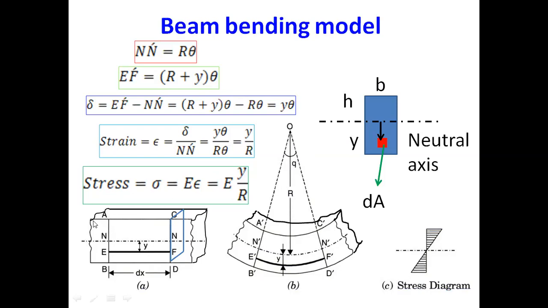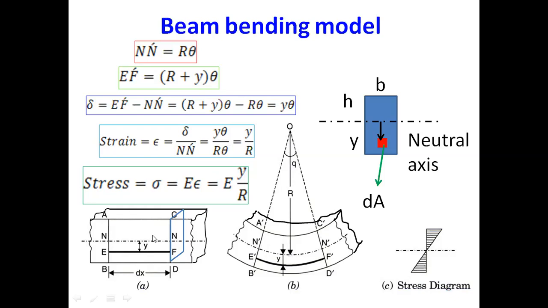Because of bending, they are now inclined to each other, and they intersect here. From that point where these two intersect, we take the radius of curvature.